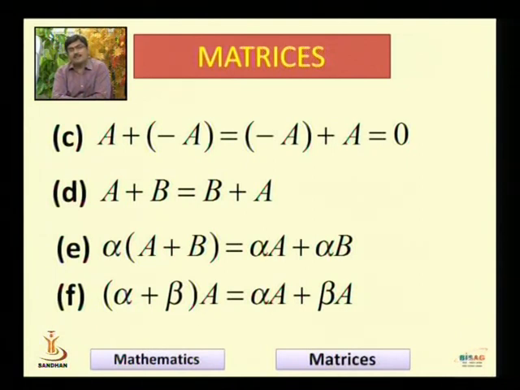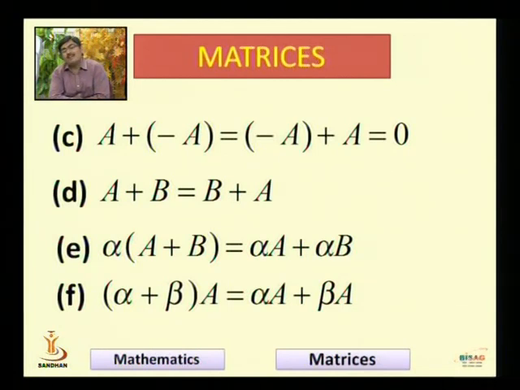Similarly, you can see this property D, that while defining addition of matrices, actually we have taken help of addition of complex numbers, or we have taken help of addition of real numbers. Since adding of complex numbers and adding of real numbers is commutative, the matrix addition is commutative, there is nothing new about it.